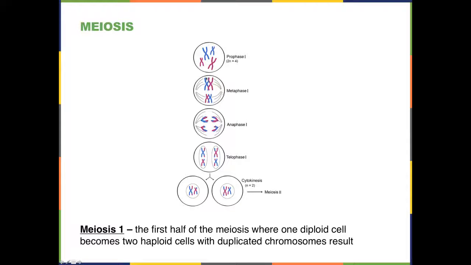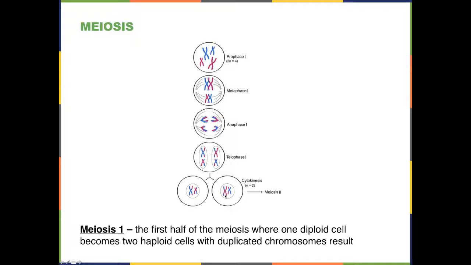So up here, when prophase begins in meiosis, you have two homologous pairs, and they pair up here. Then they separate in a very similar way to what we've seen before. But what results is two cells that are no longer homologous. You start out with two pairs, and you end up in each one with just two chromosomes. If it was a human, up here it would be 46, or 2 times 23, and down here it would be 23 and 23.